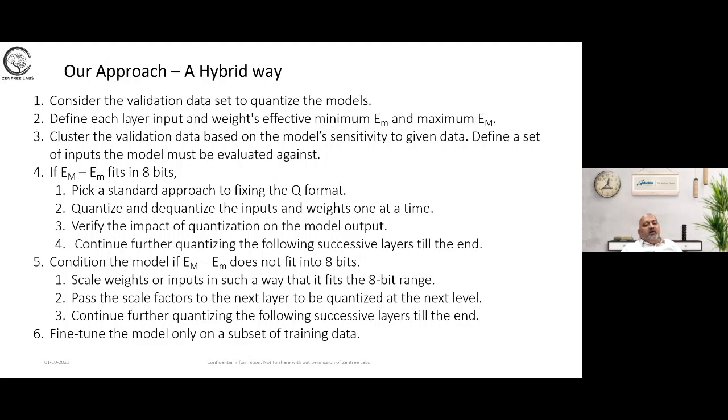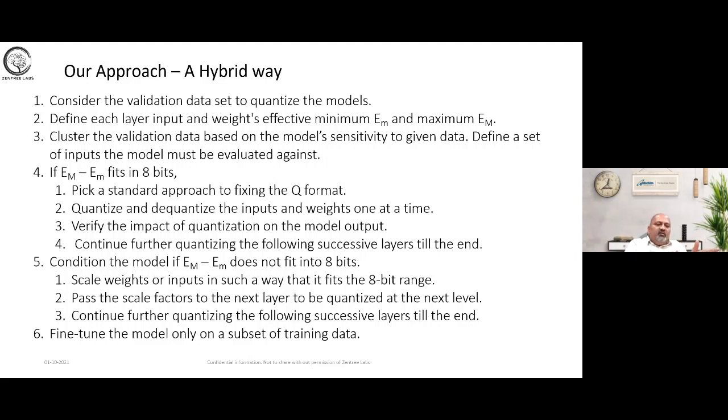Once the inputs are shortlisted, if the effective minimum and effective maximum don't fit 8-bit, the question is what we can do. We scale down the weights by a factor and pass these scaling factors forward in the network. Suppose I scale down the weights by a factor A in some layer L; the next layer, K, receives the scale factor because these convolutions are done in sequence.